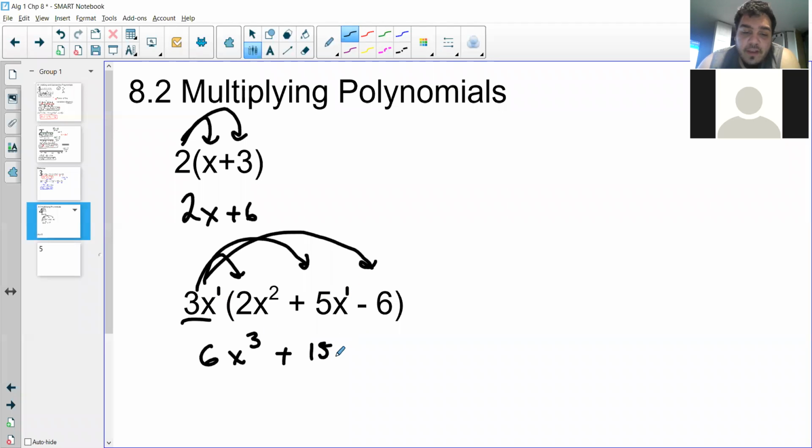X to the 1 times x to the 1, add that up, x to the second. Negative 6 times positive 3 is a negative 18, so I write minus 18. X to the 1, x to the 0, 1 plus 0 is 1, so x to the 1. It's already in order, so we can box it.